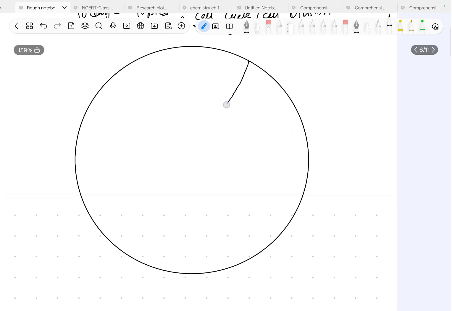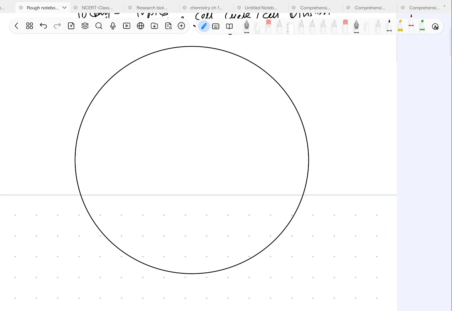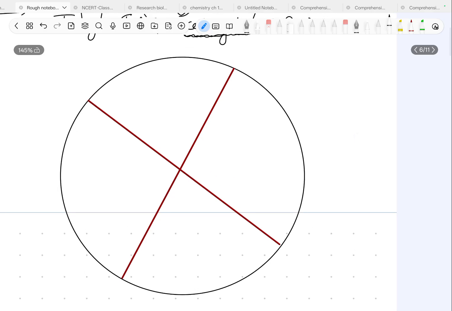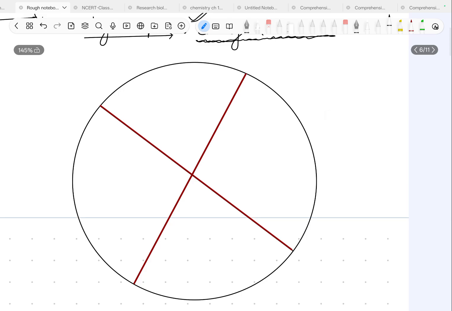We are drawing a line from here to here, in red color with increased thickness. So this is a line, and let me draw another line here. So the first thing that takes place in the cell cycle. I am now starting the chapter. Now the cell cycle will start.